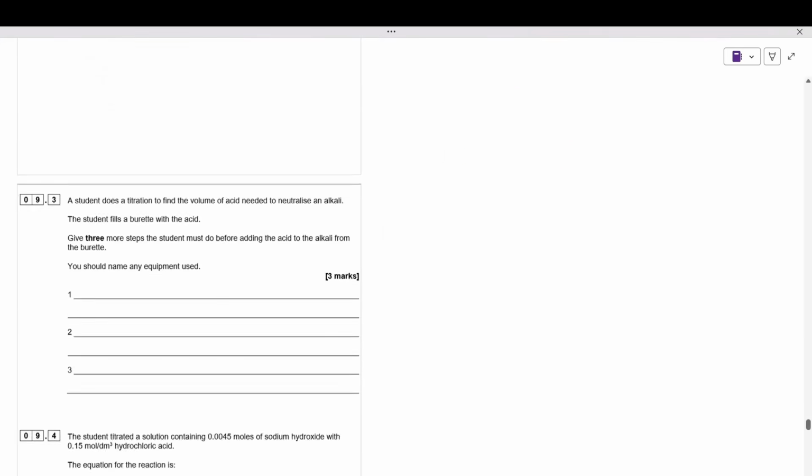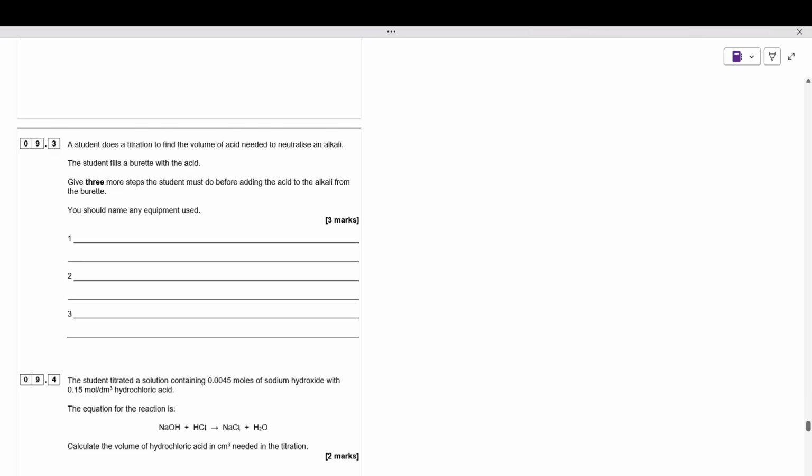Okay. Now for this one, so a student does a titration to find the volume of the acid needed to neutralize an alkali. The student fills the burette with acid. Give 3 more steps that the student must do before adding the acid to the alkali from the burette. You should name any equipment used. Okay, so it mentioned that the burette is going to have acid.